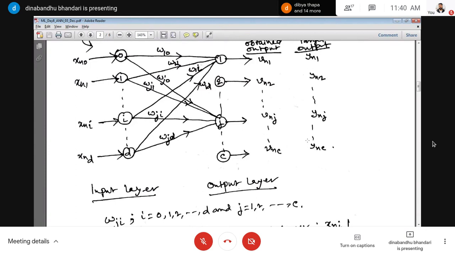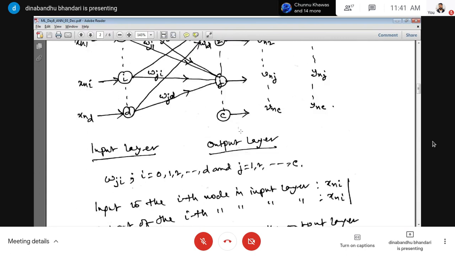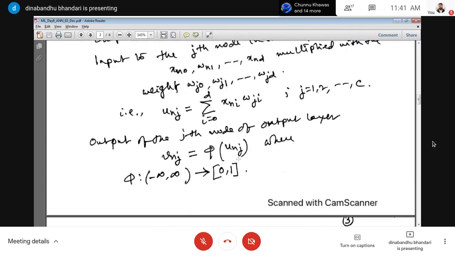Now, if I try to compare a value which is between minus infinity and infinity with 0, 1, that does not look good. Instead, we can give some mapping, that okay, we'll map these values within 0, 1. It is not necessarily a closed interval 0 to 1, it can be either 0 or 1 as well.